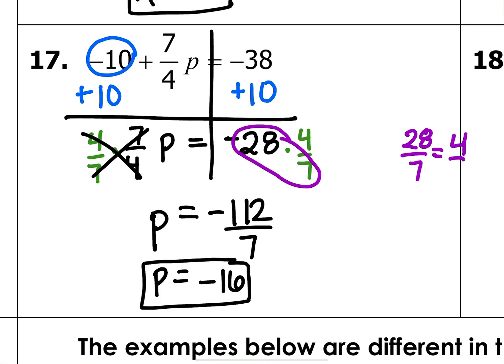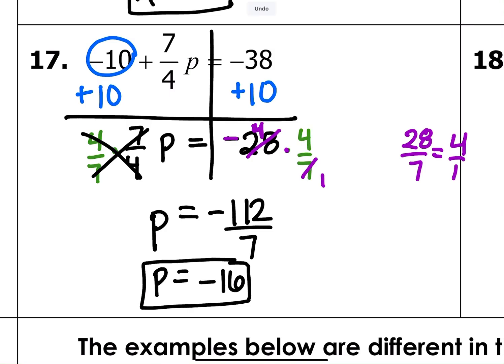You know that would become 4/1. So what we can do is cross cancel, and I could say, well, 7 divided by 7 is 1, 28 divided by 7 is 4. So I would have negative 4 times 4 here, which gets me negative 16.